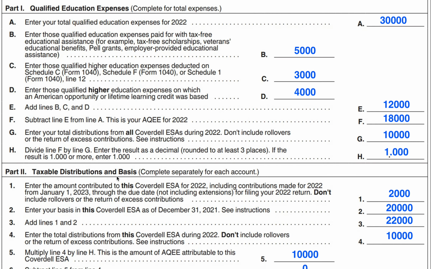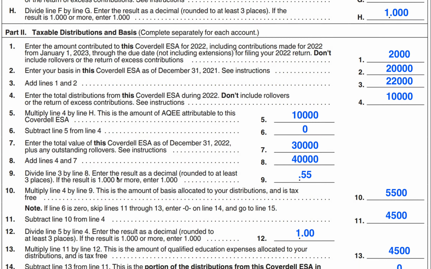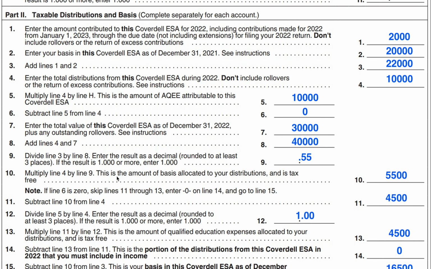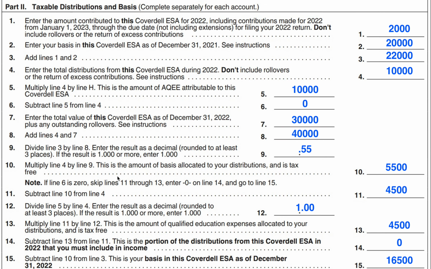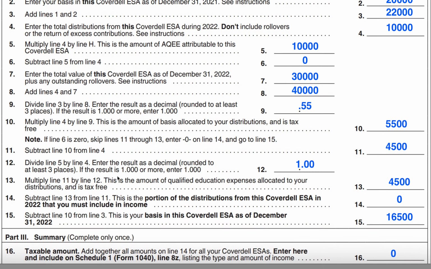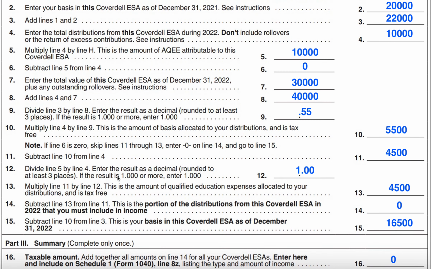Then in part 2, you'll complete a separate version for each account that you have. So if you have 2 children in college, you would complete part 2 two times, one for each child. And then part 3 is the summary. This is the total taxable amount that you'll enter on Schedule 1 of your income tax return.